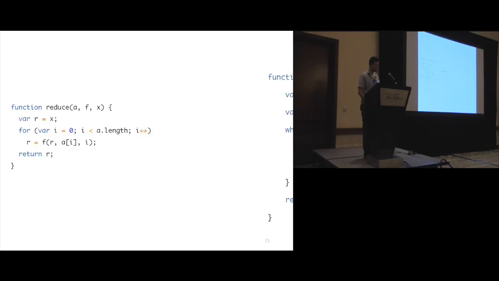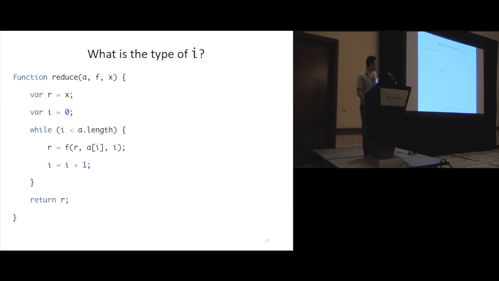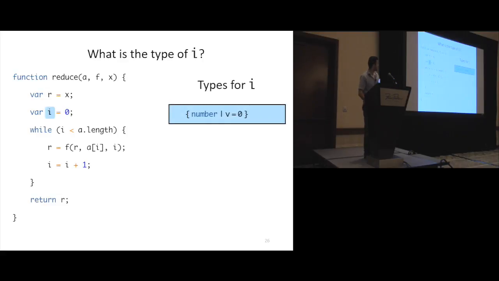A while loop. Now, in order to see that I gets assigned 0, so at that point, I. Then throughout the loop, we have multiple.